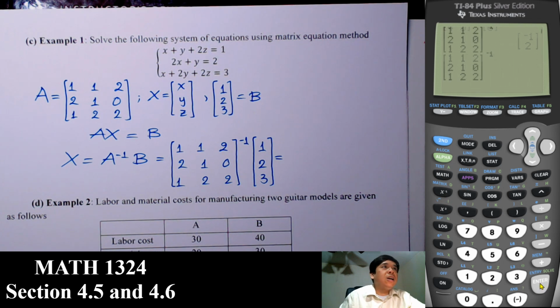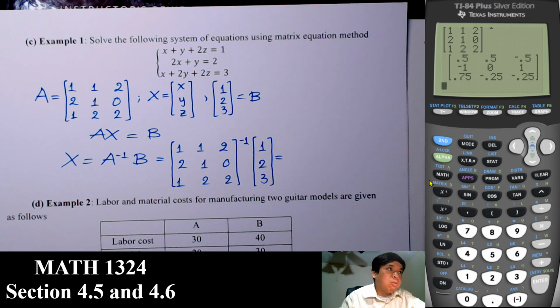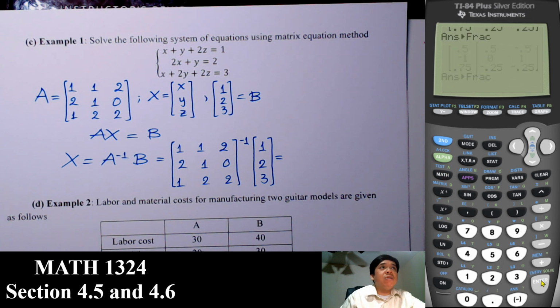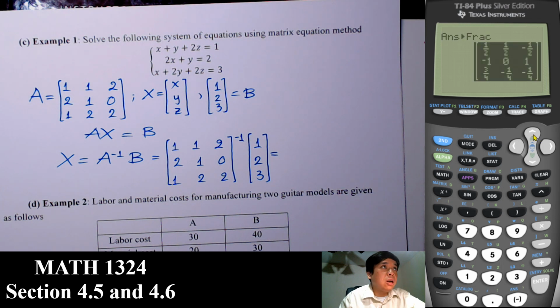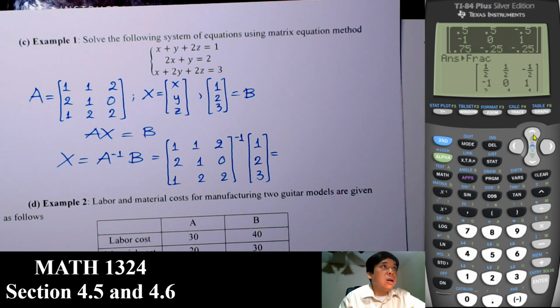After we have the inverse, we can take this result and multiply by 1, 2, 3.